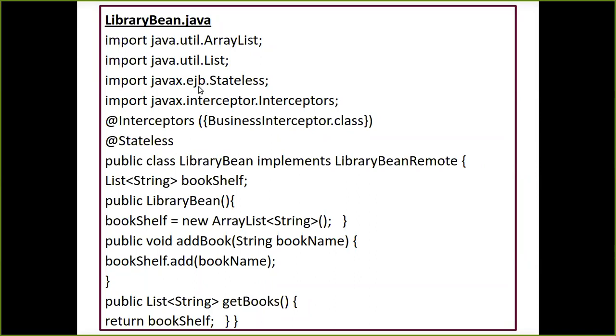We need the EJB package because we want to use an annotation called @Stateless. There we also used a package to use an annotation called @Remote, because the files are separately located, so we need a remote connection with those files we want to communicate with. Next is javax.interceptor.Interceptors, because to use the annotation in a Java file, we need this package.